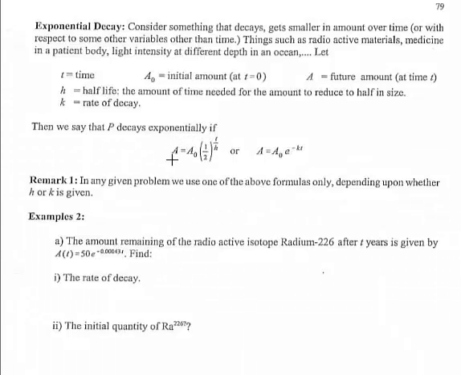This formula to the left, you may not have seen before. We do not have e as our base of the exponent, and what we have is a half. And so this is what we refer to as our half-life formula.